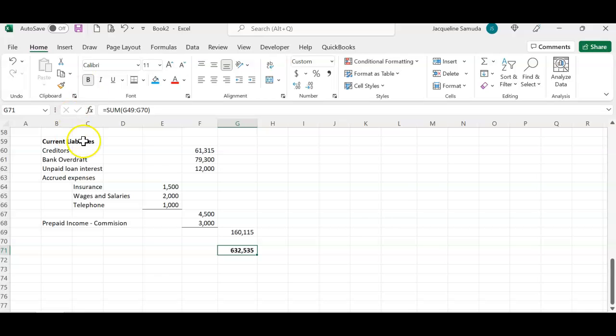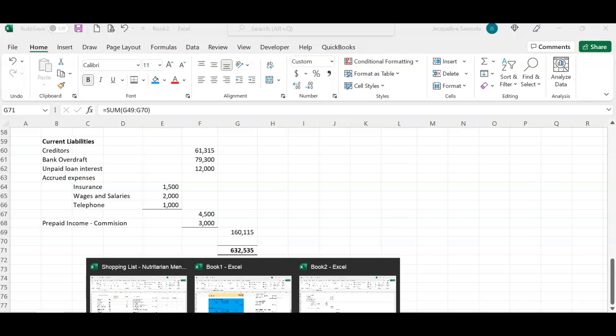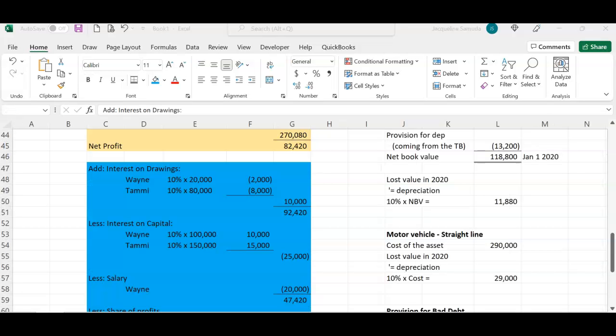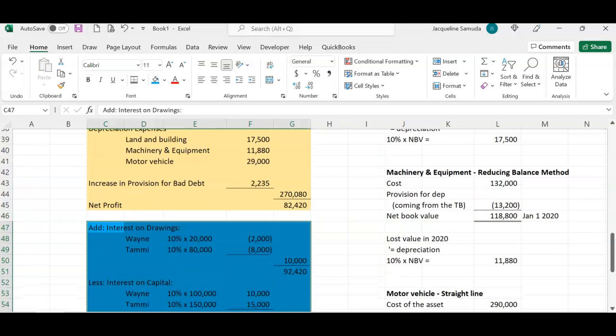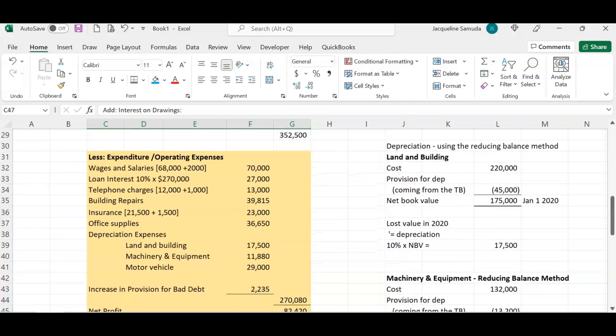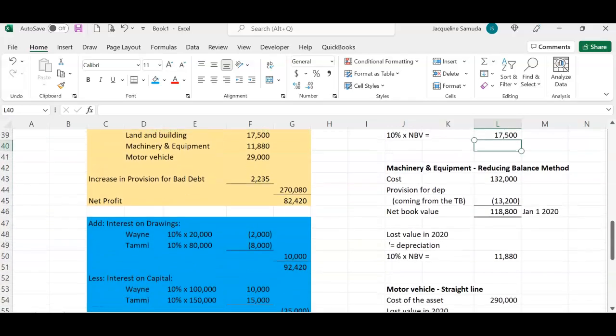So for the land and building, the figure was 17,500. That's going to be added on. For the machinery and equipment, it was 11,880. For the motor vehicle, it was 29,000.